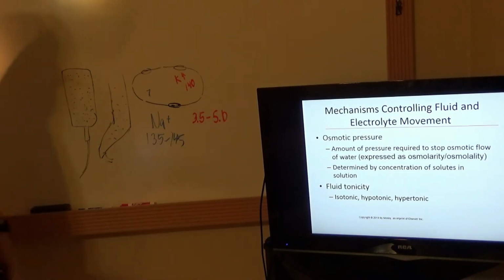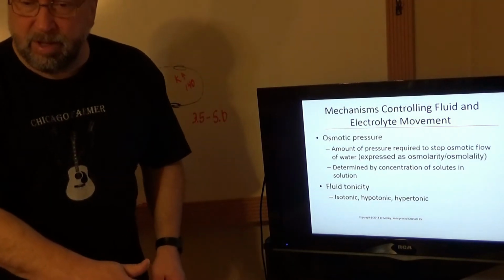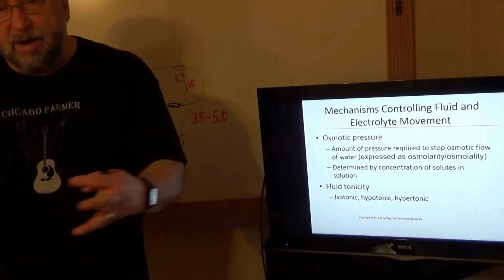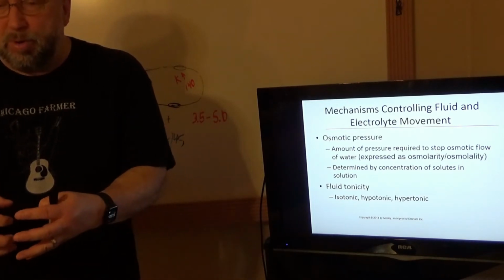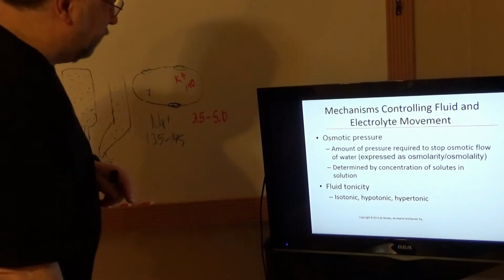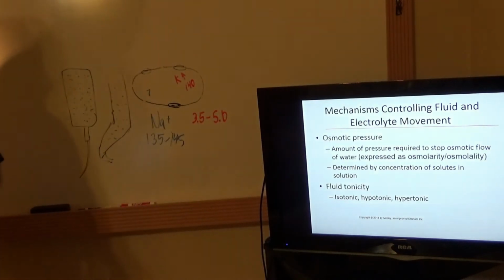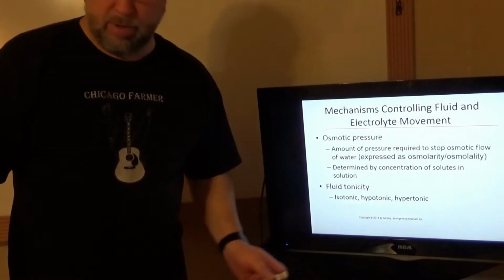So if that's the case, when you put that fluid into the blood vessels, the fluid is going to be drawn out of the cells and into the vascular space. Right? It's going to get pulled into the vascular space because that's where all the solutes are. So you have to be careful when you are giving fluids, especially when they are hypotonic and hypertonic fluids.